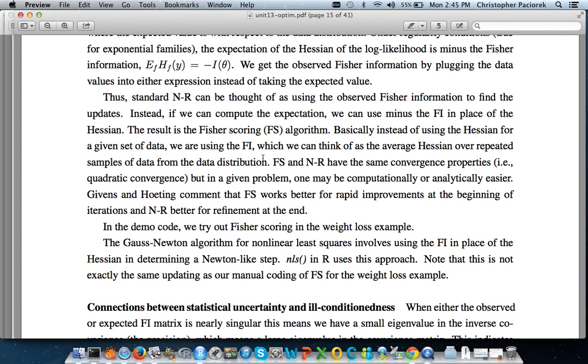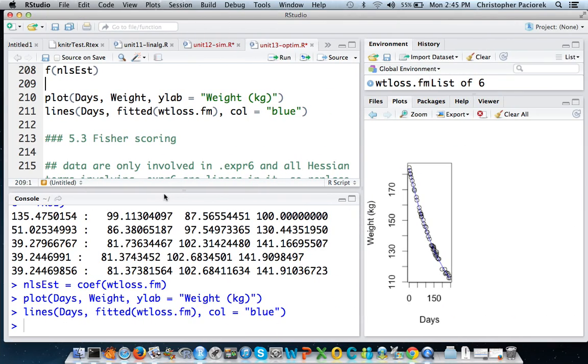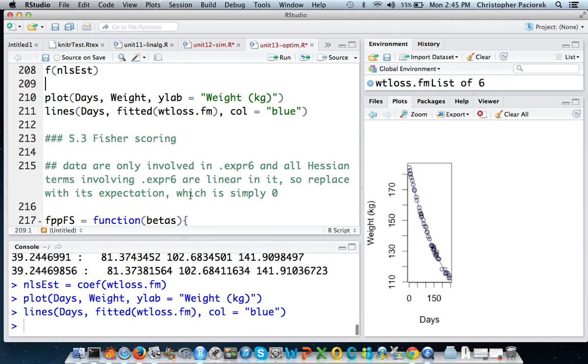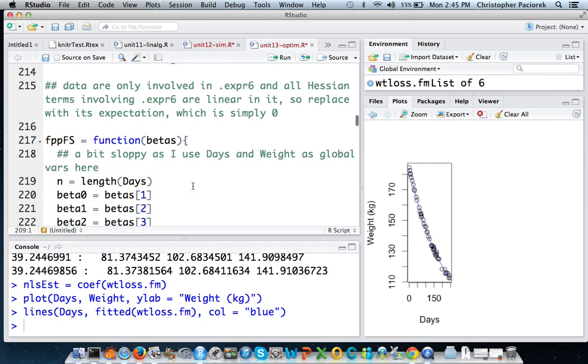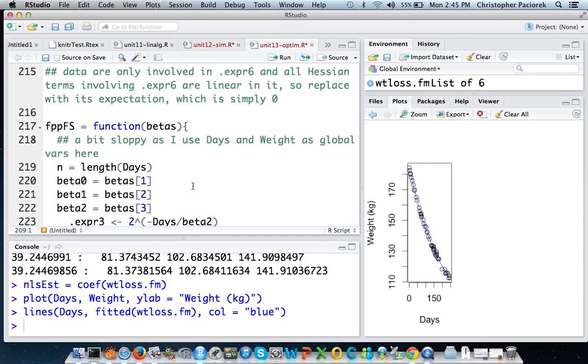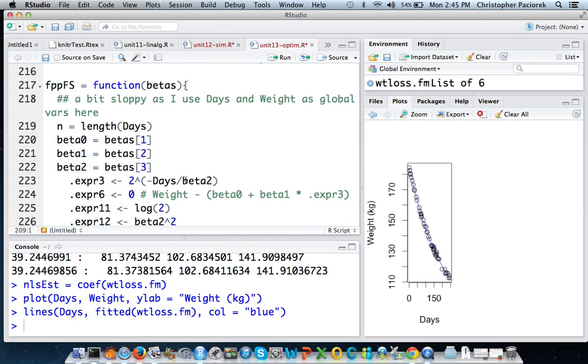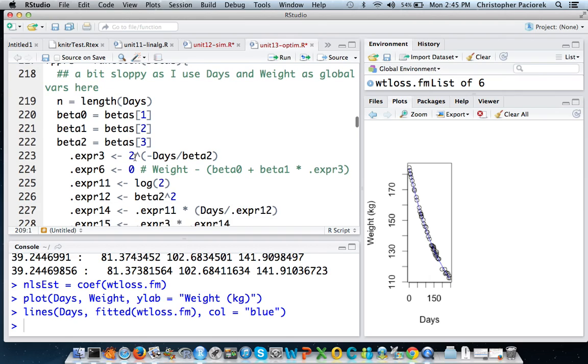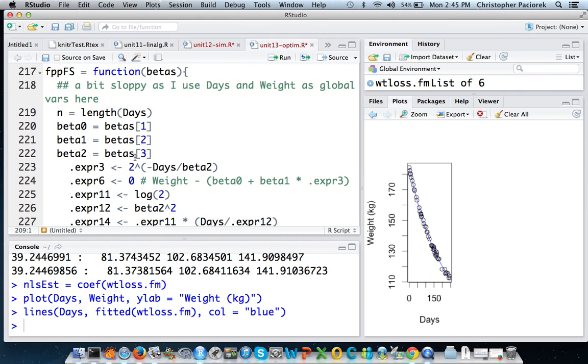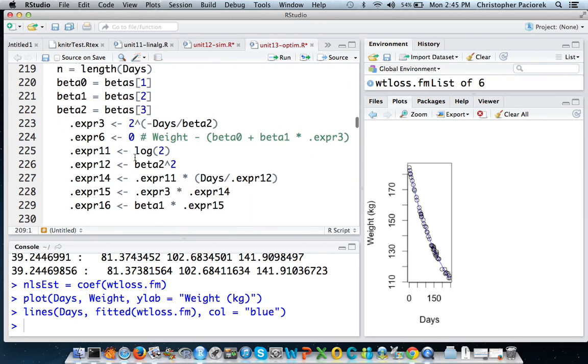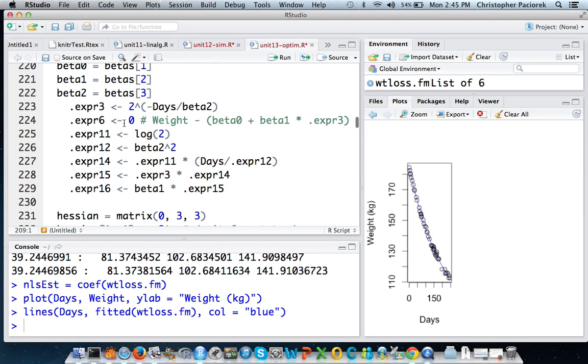And I have an example in the R code here, where I basically say, well, the only thing I need to do to change Newton-Raphson to Fisher scoring for this problem is take my Hessian matrix and take expectations. In my original FPP function, which was calculating my Hessian for this weight loss example, I had all of those partial expressions that when combined together would give me the Hessian.